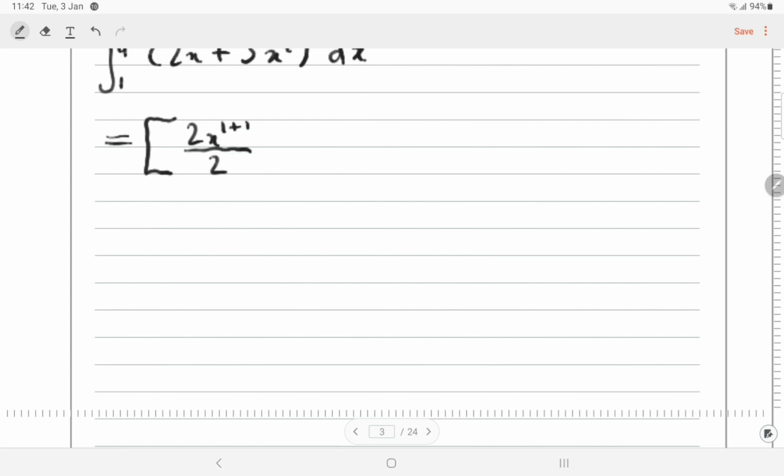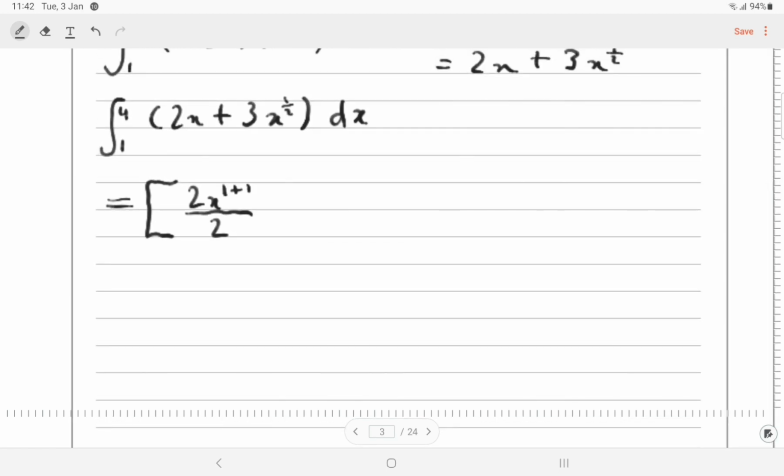If you didn't know the rule, it's add 1 to the original power. So here it's 2x to the power 1 plus 1, and then divide by the new power, which is 2, as 1 plus 1 is 2, and then plus, you write the limits 4 and 1.